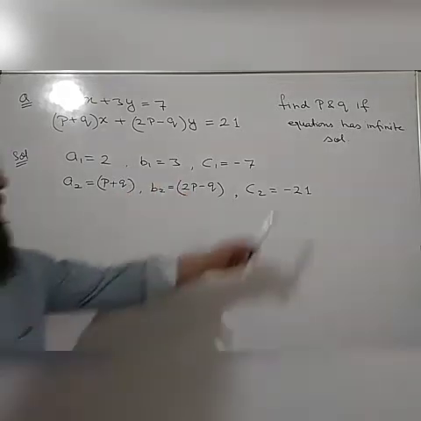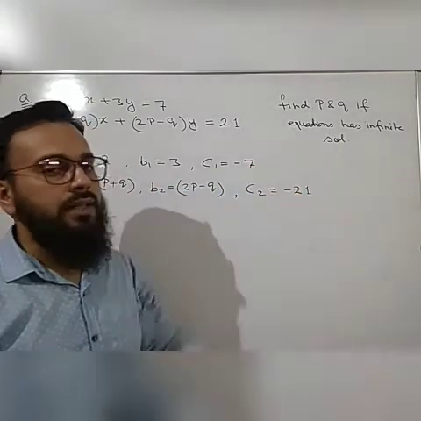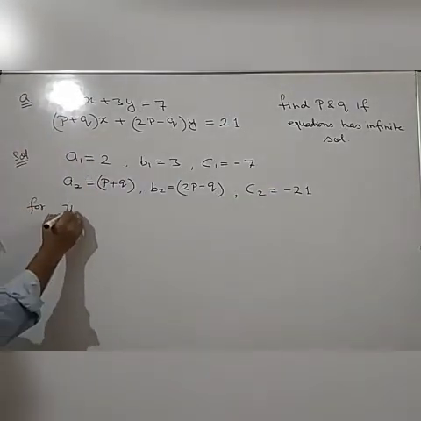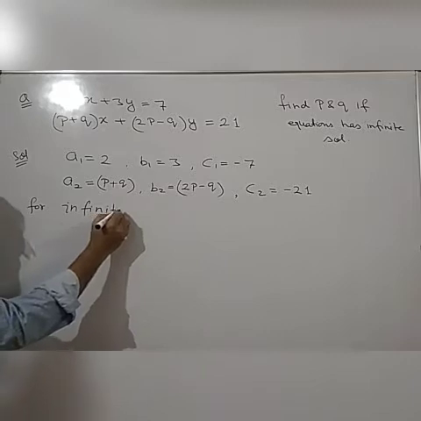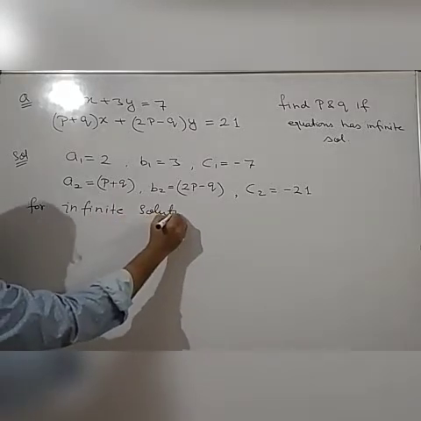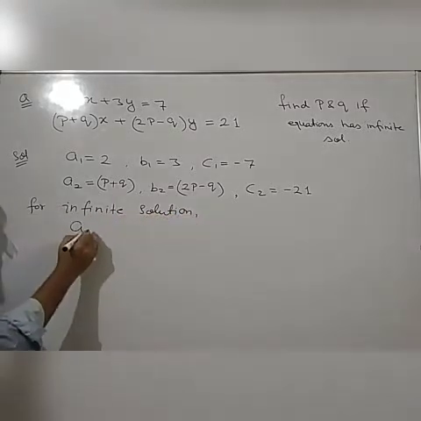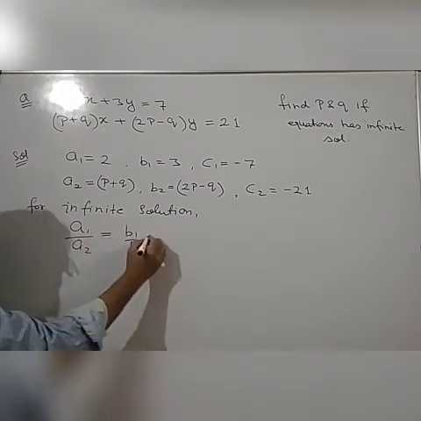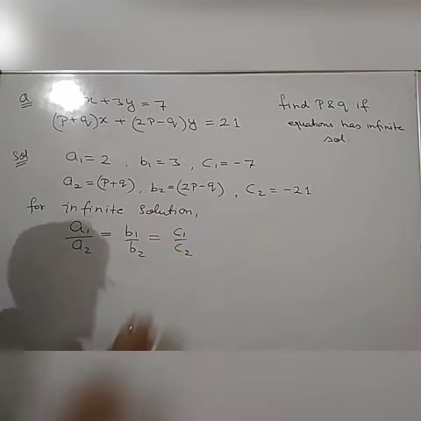Now it is given that the equation has infinite solutions. So we know that for infinite solutions, the condition is a1 upon a2 is equal to b1 upon b2 is equal to c1 upon c2.